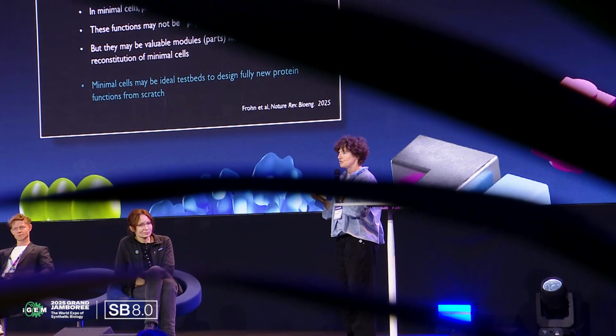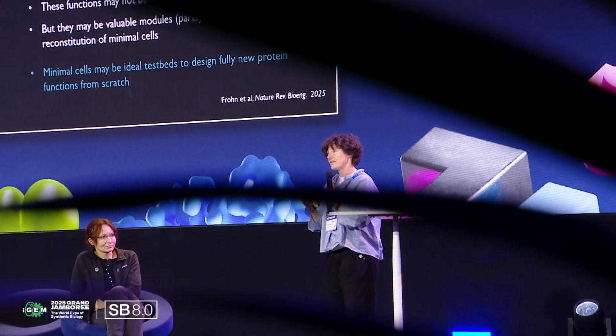And this gives us a new angle to protein design because, of course, like everybody who works with proteins, we want to embrace it. But we want to not only design proteins for in vivo applications, we want to design proteins for our in vitro minimal cells because we believe that we probably need different molecules.